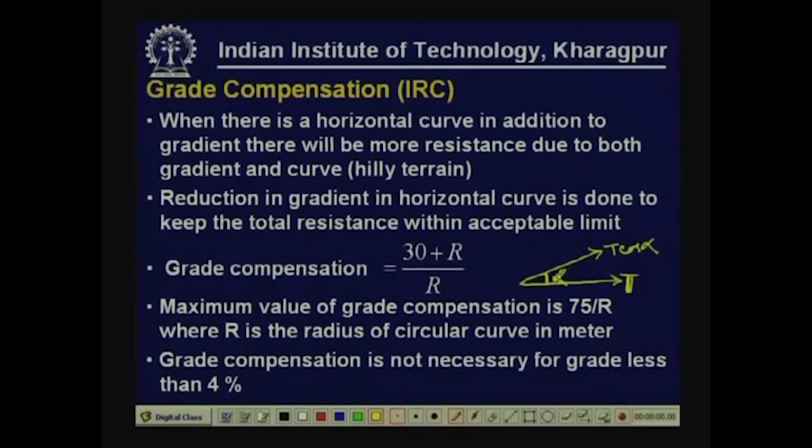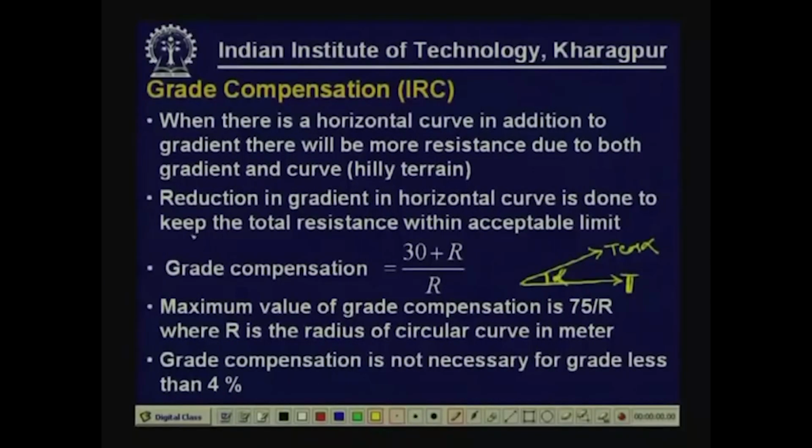Therefore, to avoid this excessive loss, which will affect the vehicle movement as well as the overall traffic operation on roads, it is necessary to go for grade compensation. That means compensate in terms of grade, that is, provide a lesser grade than what is normally used when there is no horizontal curve.